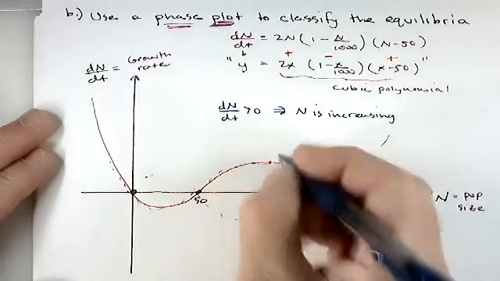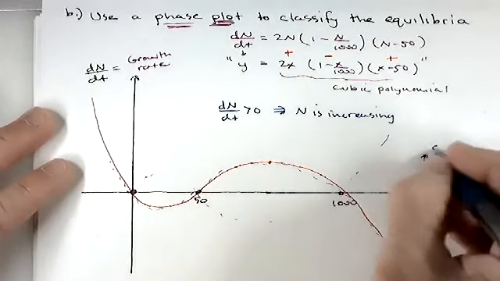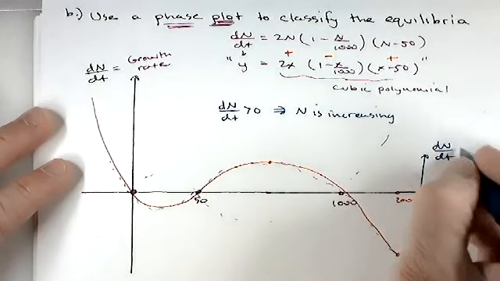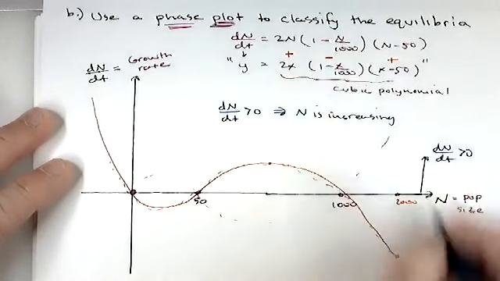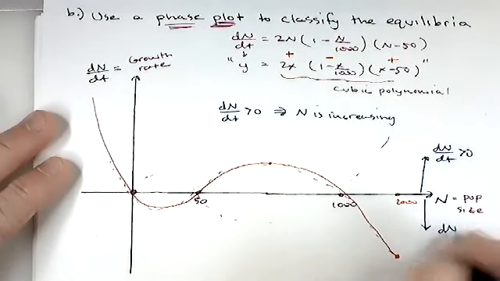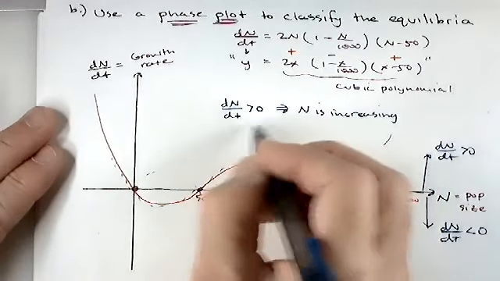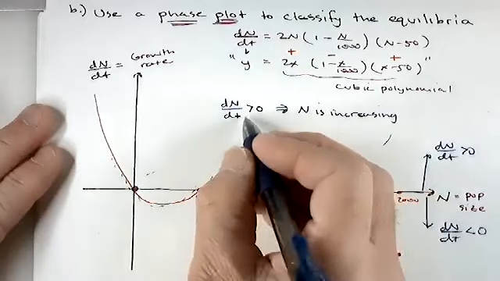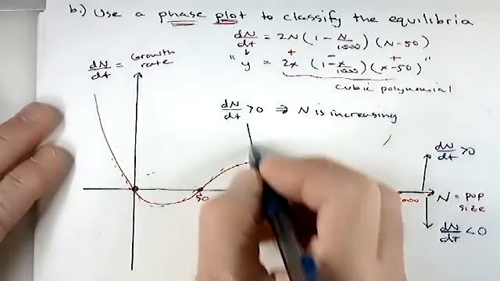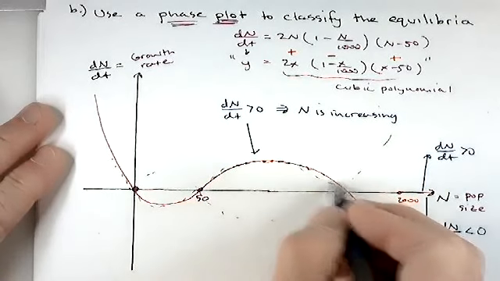Where is it positive? It's positive anywhere you're up here, right? This is where dN/dt is greater than 0. Anything below is where dN/dt is negative. So dN/dt is positive certainly anywhere here.